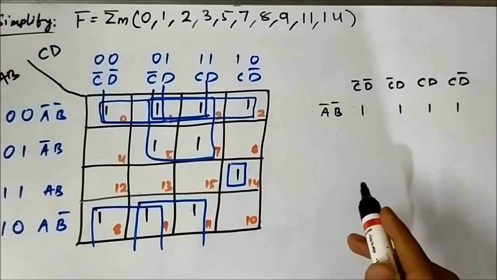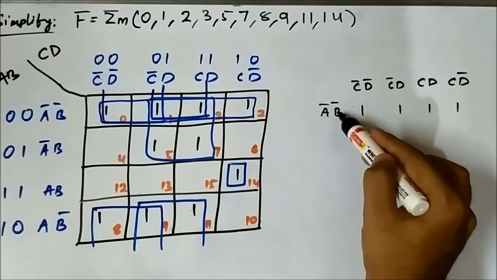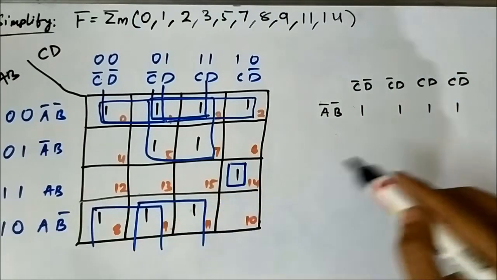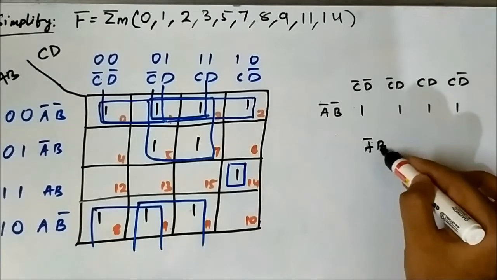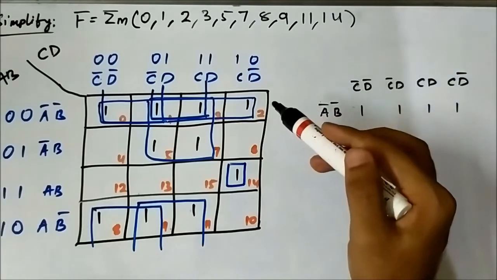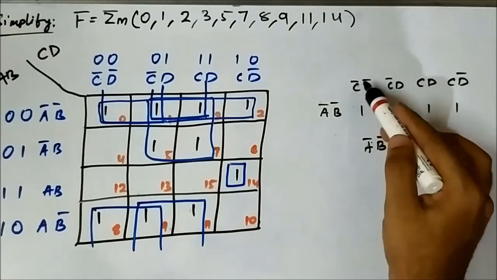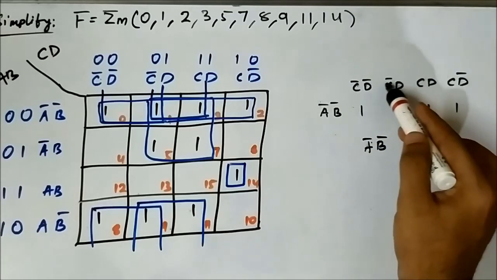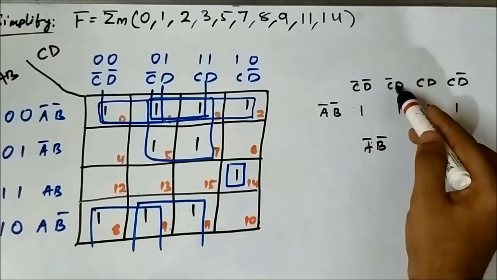Now in this you can see A bar B bar is common in all the cells. So definitely A bar B bar will be there. In the vertical side there is nothing common. Everything is changing from one cell to the other. Here it is C bar D bar, here it is C bar D. Up to this point C bar is there, but now that is changing also. C bar D, C D.